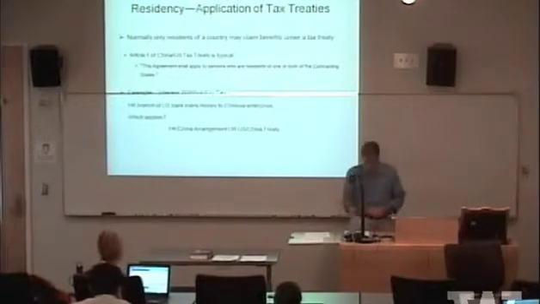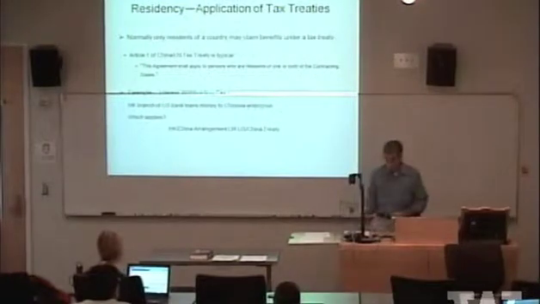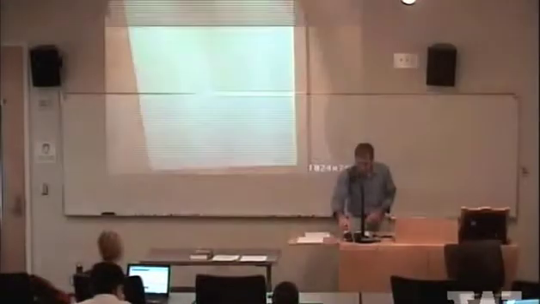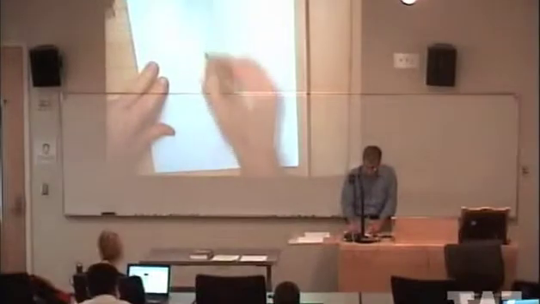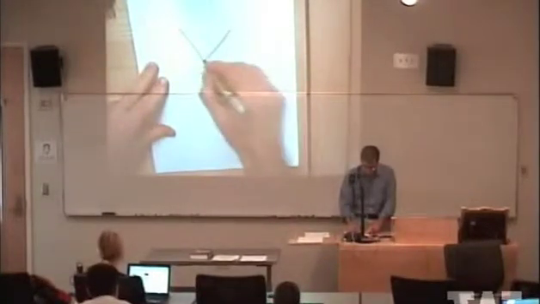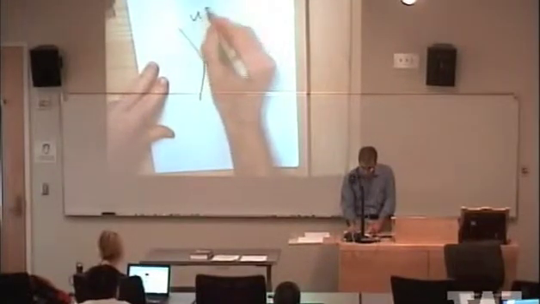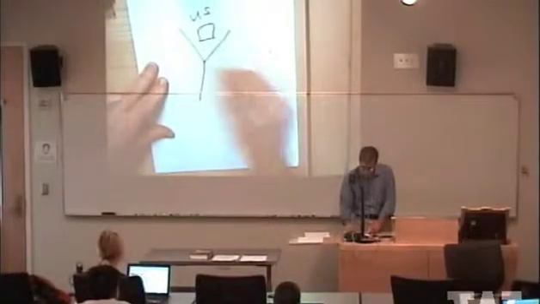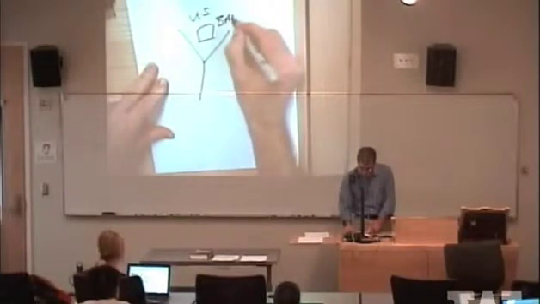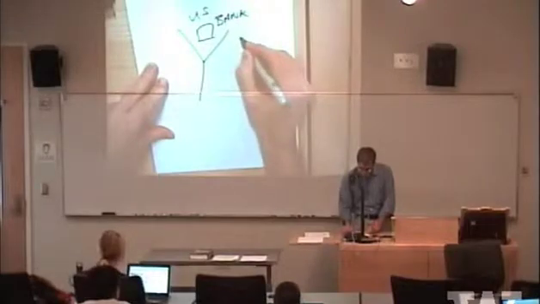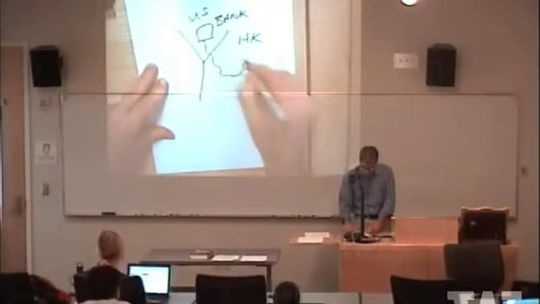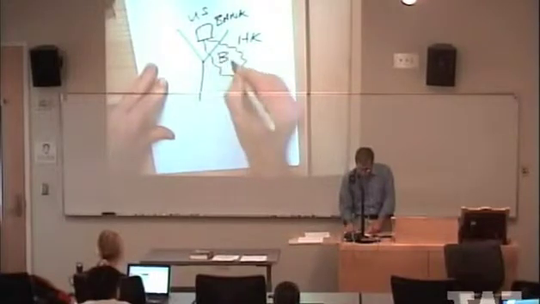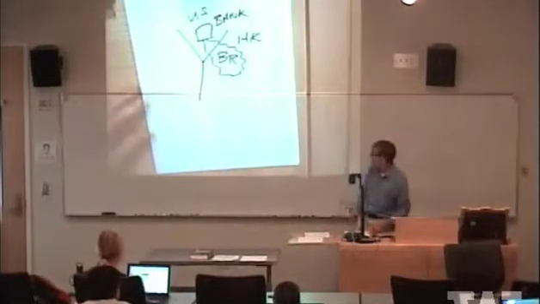And to go back to our picture, let's say we have the U.S. here. There's a bank. This, let's say, is Hong Kong. There's a branch of the bank in Hong Kong.